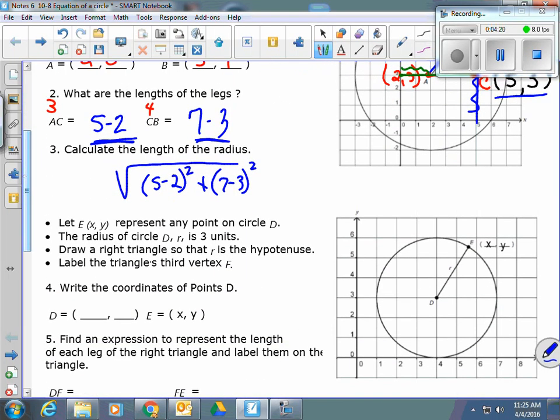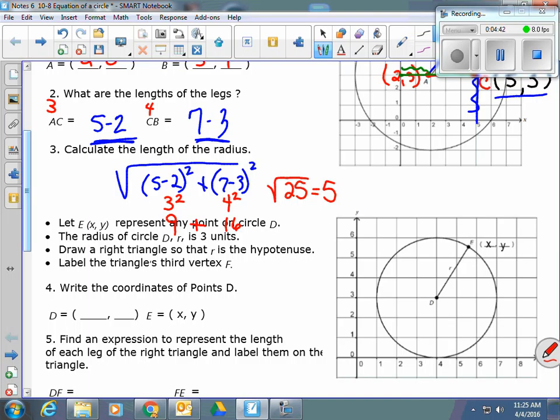Okay, well what's 5 minus 2? 3. What's 3 squared? 9. What's 7 minus 3? 4 squared is 16 plus 9. What's 16 plus 9? 25. And then I have to take the square root of 25, which is 5.